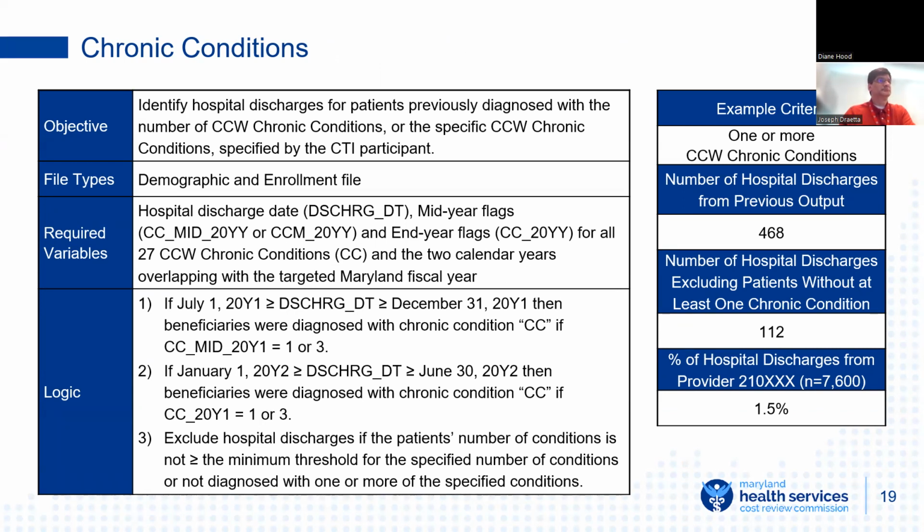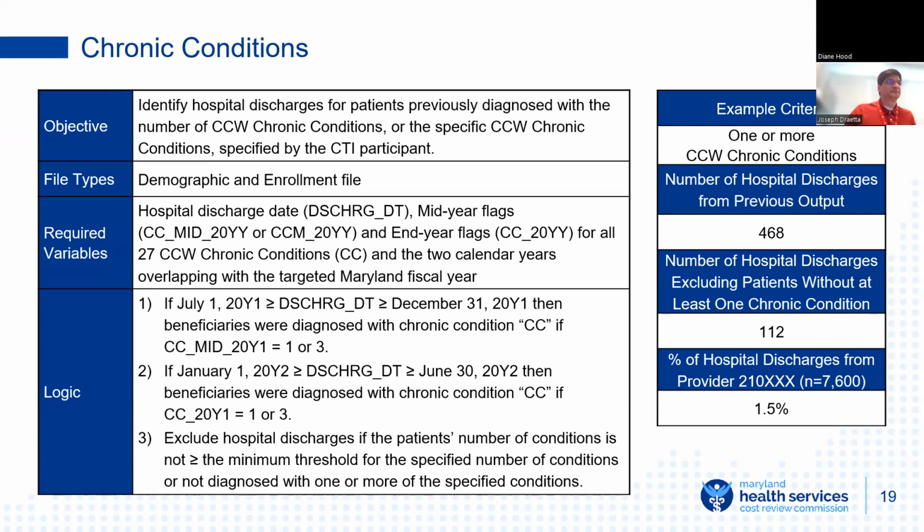The only difference between these two flags is the point in time from which they look back. Episodes triggered between July and December of a given Maryland fiscal year will use the mid-year condition flags to identify the patients with a specific set of conditions, or a specific number of those 27 chronic conditions.